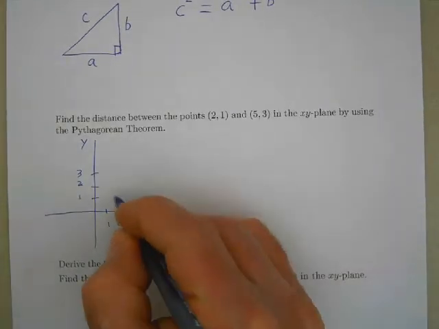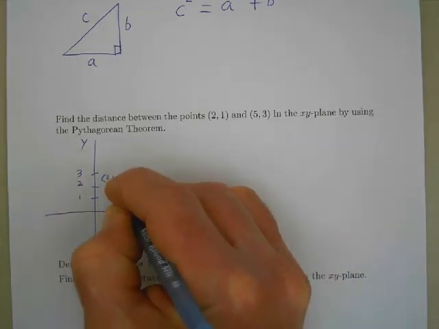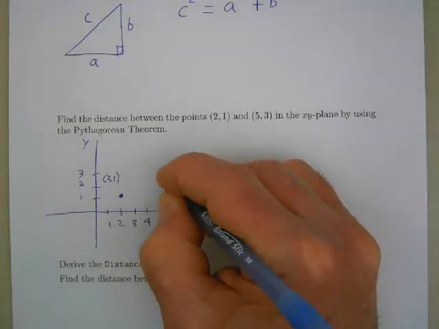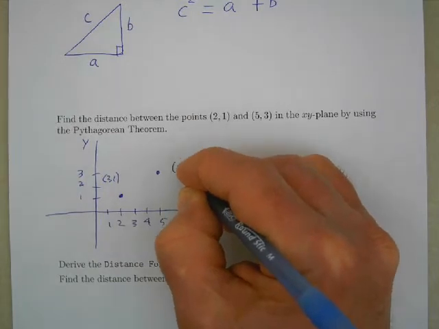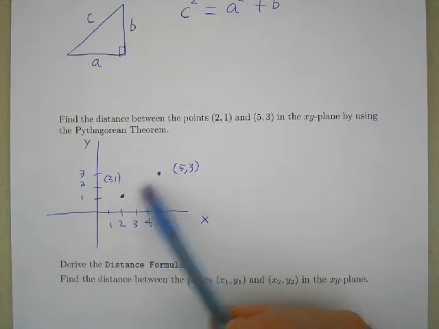The ordered pair (2, 1) is right here, and the ordered pair (5, 3) is right here about. And we want to find the distance between those 2 points.